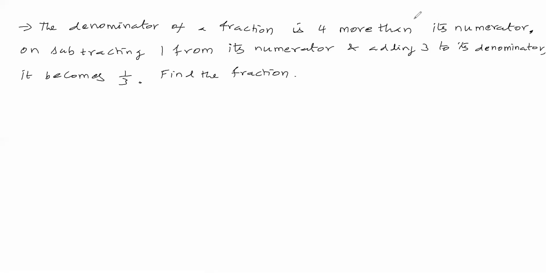Okay. So now we will take the numerator as x. Now the denominator is 4 more than the numerator. Therefore, numerator is x means the denominator is x plus 4. Then we'll see the required fraction.